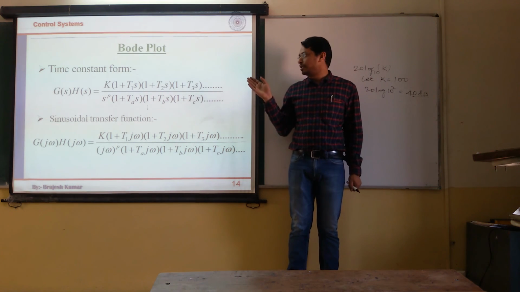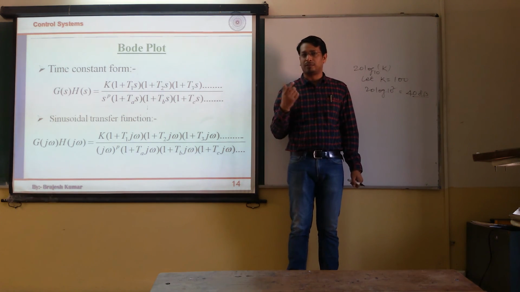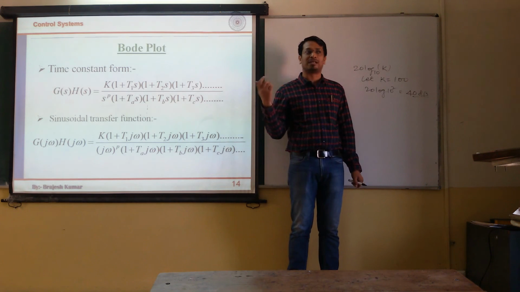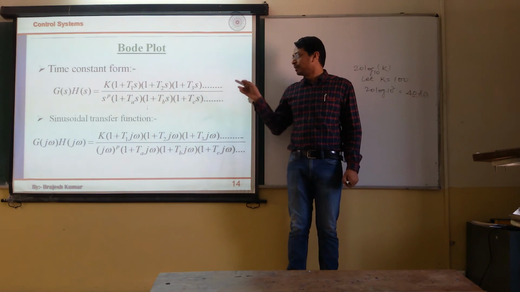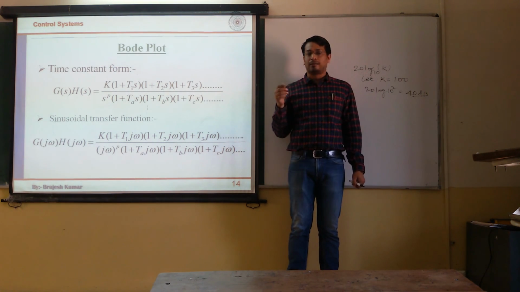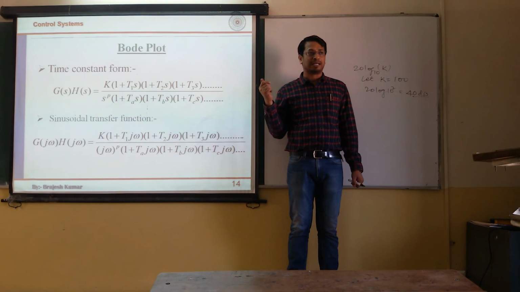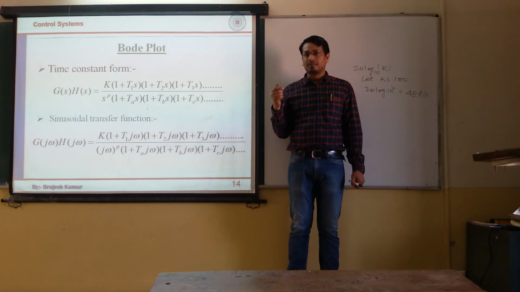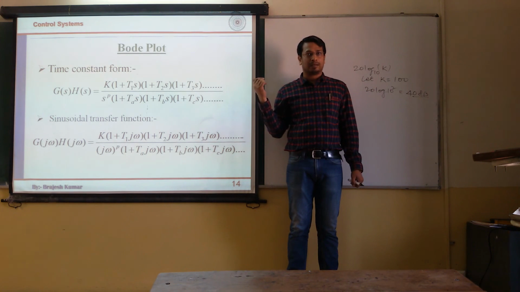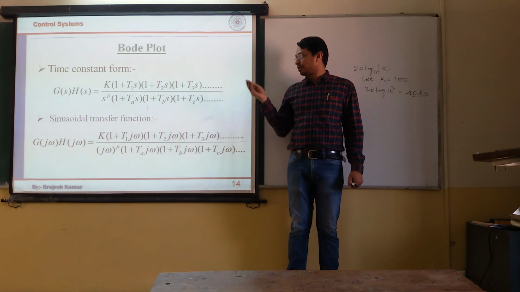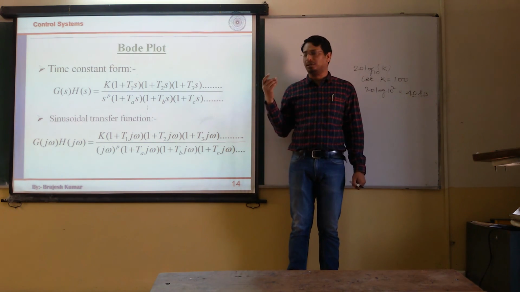Once again, there are simple zeros: 1 plus T1 s will be a simple zero, 1 plus T2 s will be a simple zero at some particular point, while s to the power b in the denominator, correct, will be a pole at the origin, or equivalently you can also have a zero at the origin.